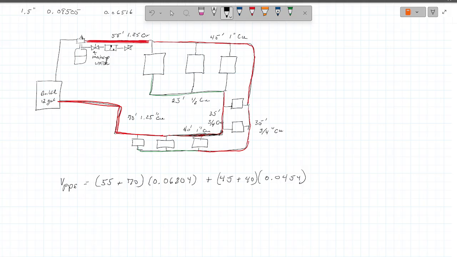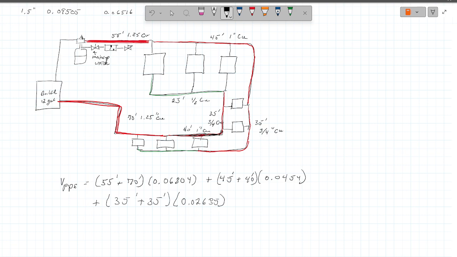Okay. All right, so then we get that, and then we're looking at plus 35 feet. Again, we got plus 35 feet, and that's multiplied times 0.02685.